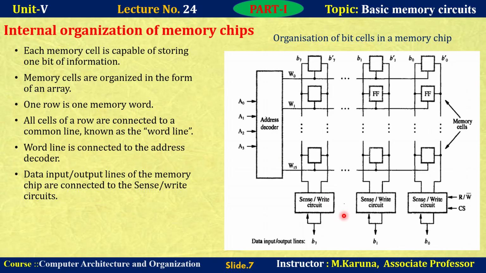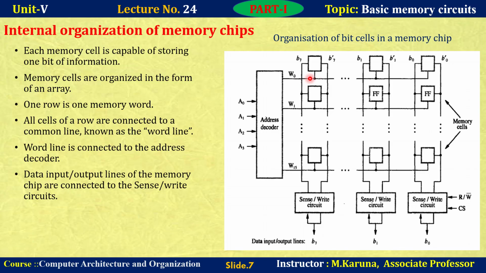Next, the data input/output lines of the memory chips are connected to the sense/write circuits. Each memory location stores 8 bits, those are B0 to B7.